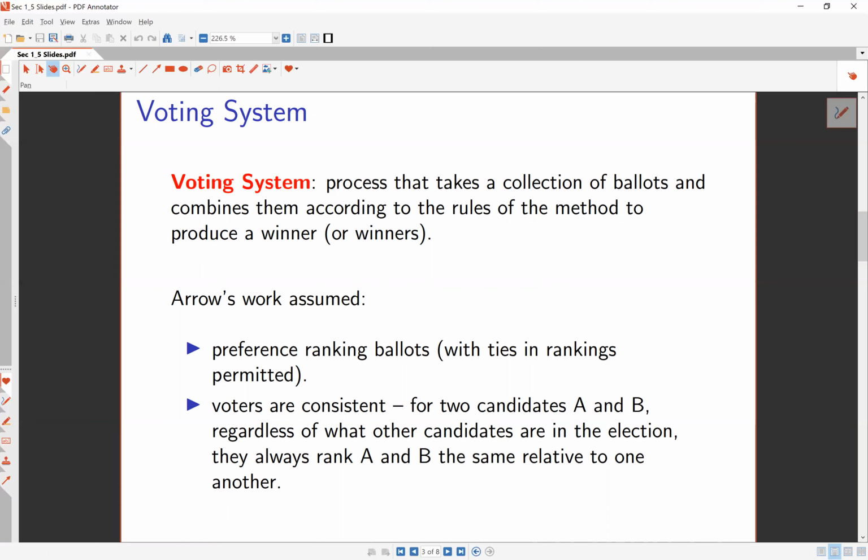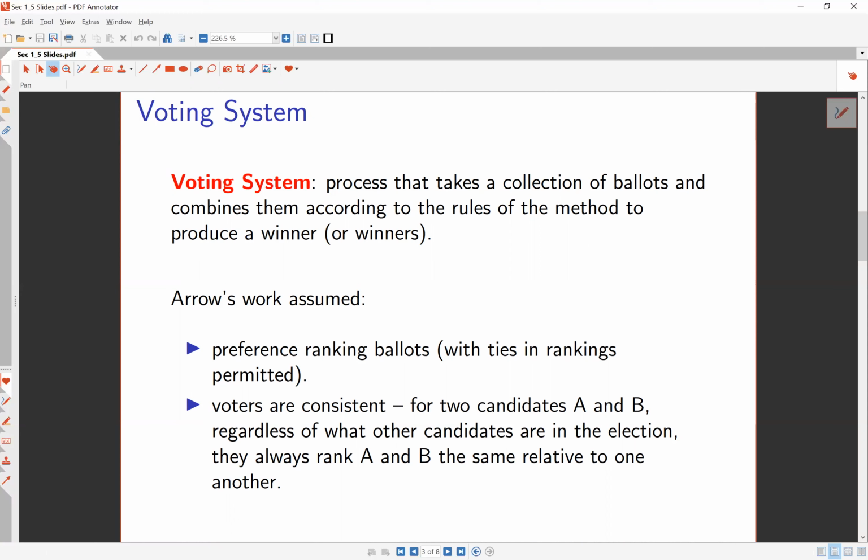Now, the work of Kenneth Arrow made two big assumptions. Firstly, it assumed that the ballots are preference ranking ballots. So everyone turns in a ballot where they have ranked the candidates from first pick to last pick.